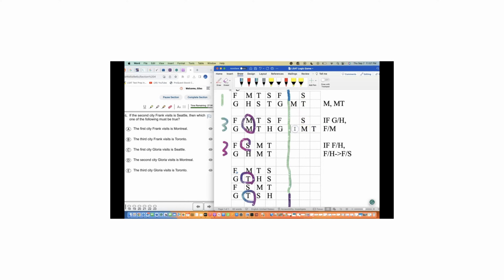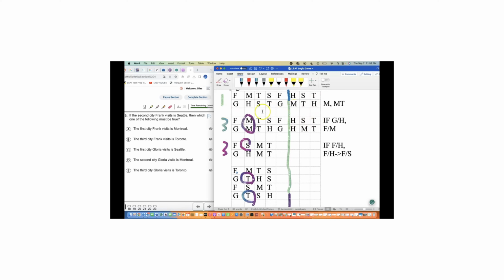And then Gloria's going to get Houston here. And then from there, I'm going to go ahead and put H here and T here. That way we can have understanding of the proper setup.